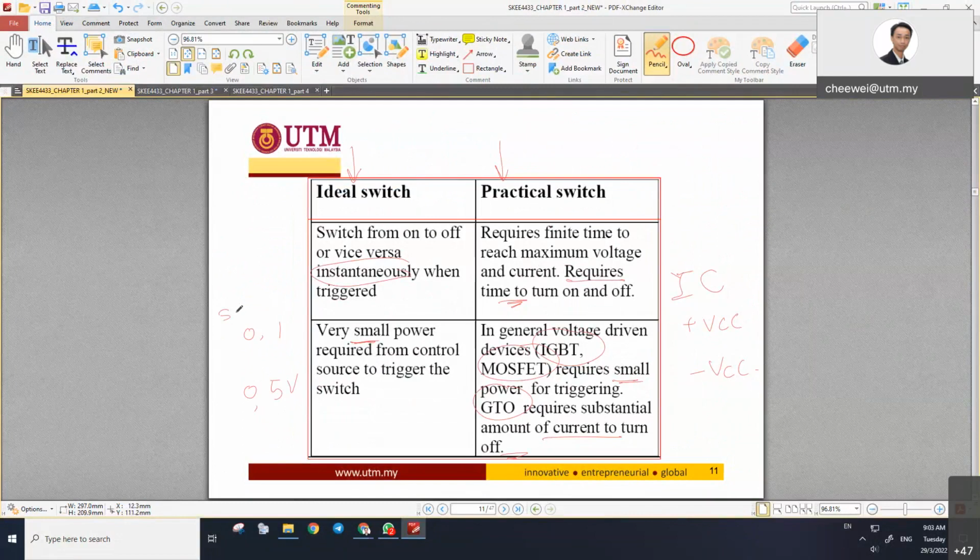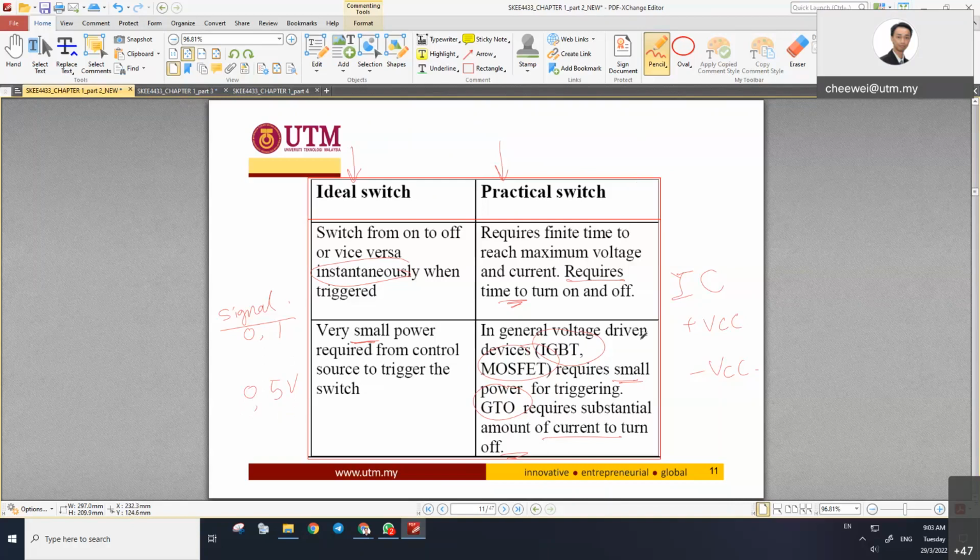This is a signal. 0 means you turn it off, shut it down. 1 means you turn it on. For the ideal case, maybe you have 5 volts just to turn on. Fine. But in practical, it depends on the different switches.